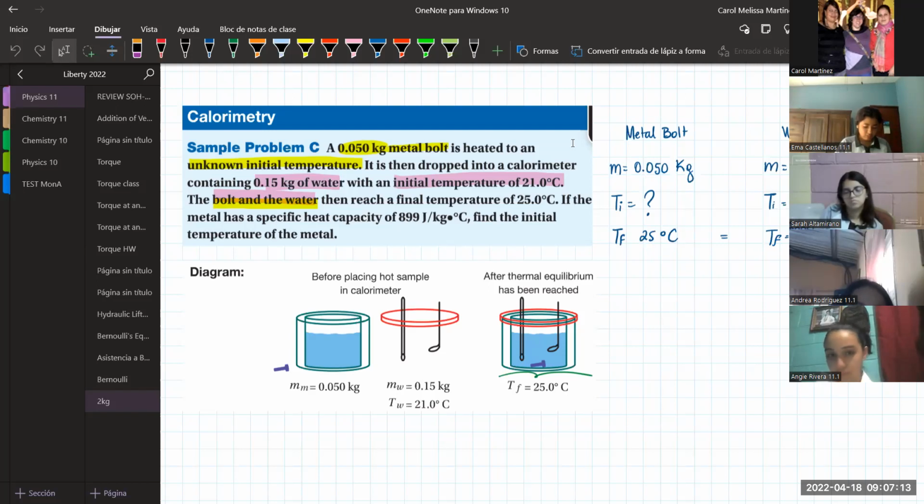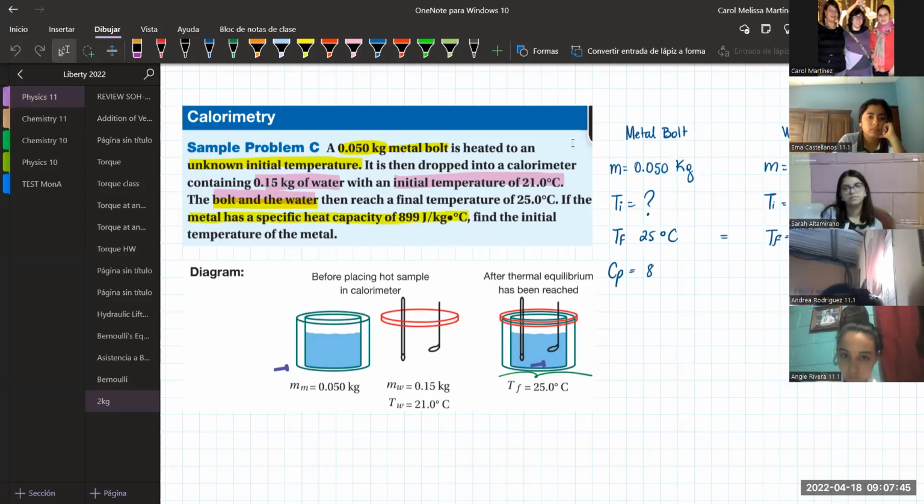And then it says if the metal has a specific heat capacity, where do I have to write it? In the metal bolt or in the water? The bolt. So if the metal has a specific heat capacity of 899 joules per kilogram Celsius, the bolt has Cp equal to 899 joules per kilogram Celsius.